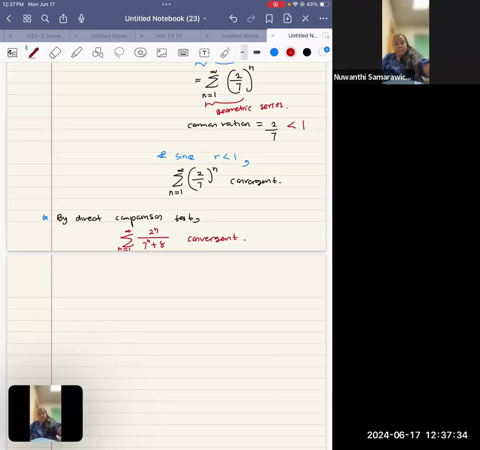Okay, I see many of you now know what we are doing. So let's do another example. Our new example is ln n over n, convergence or divergence.